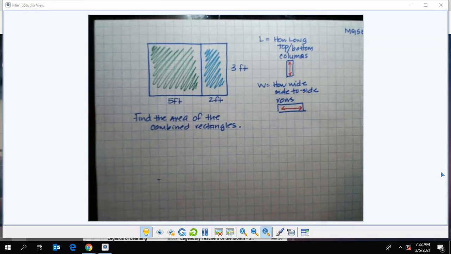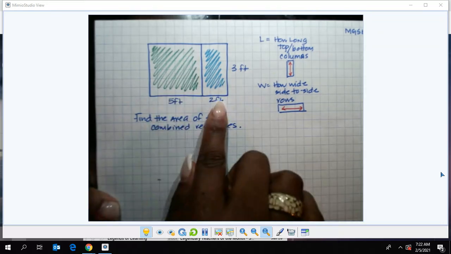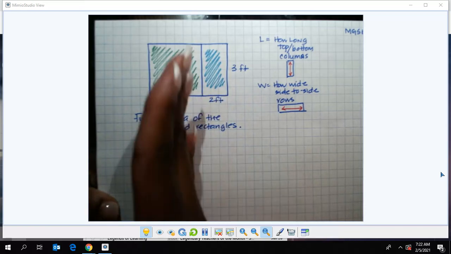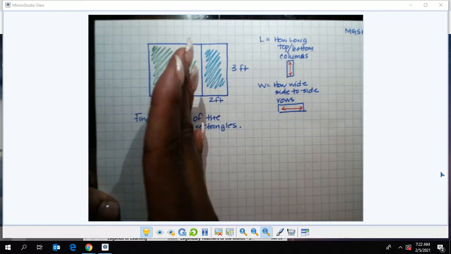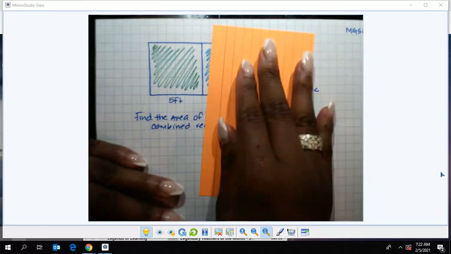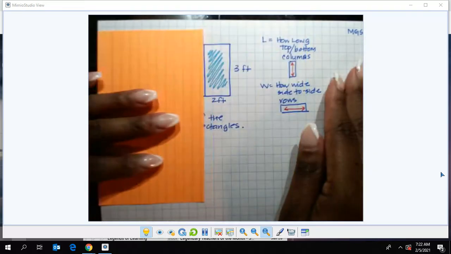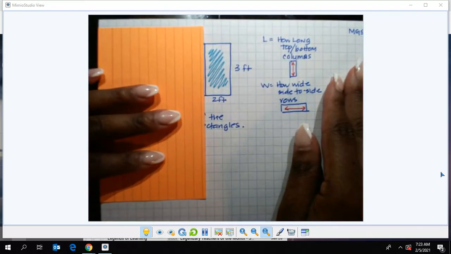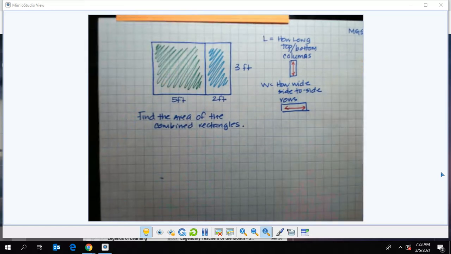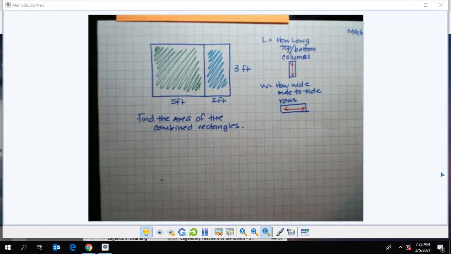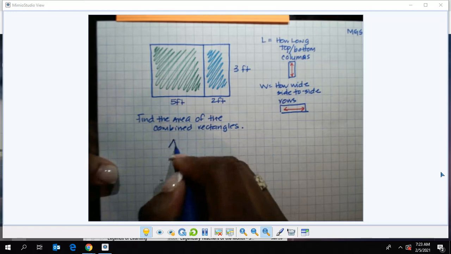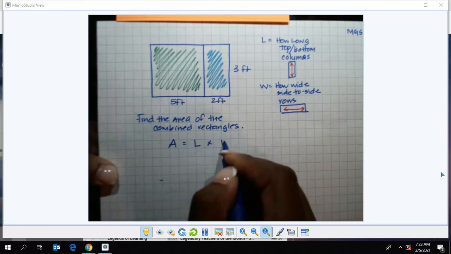Let's get into it. First thing that we need to do is, when you see your two rectangles and your directions say, hey, what is it together? What is it combined? You need to differentiate these two, okay? Because this is a rectangle on its own and this is a rectangle on its own. And in order to find the area of any rectangle, you have to use the equation, also known as the formula of area equals length times width.